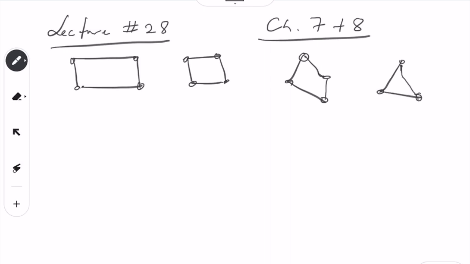Now today we want to look at the what is called the triangular coordinate system.